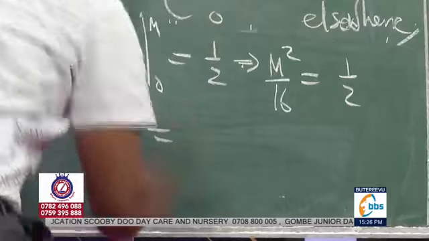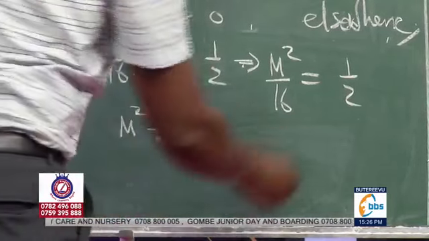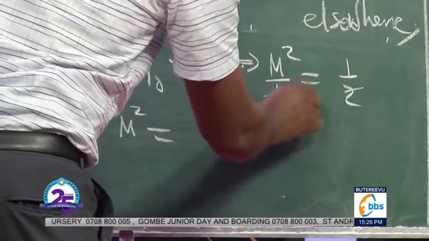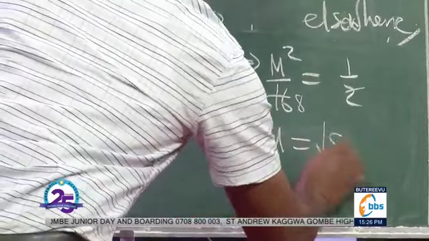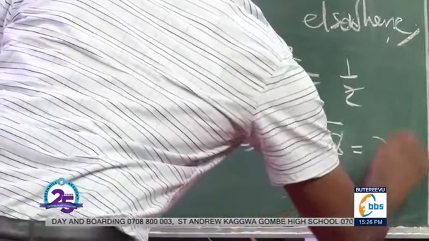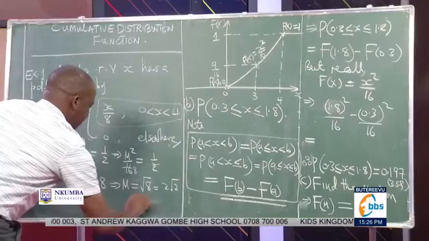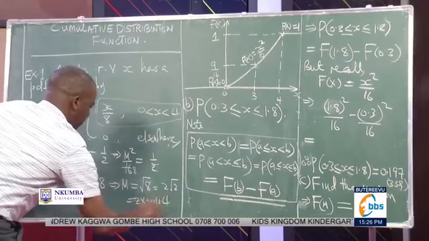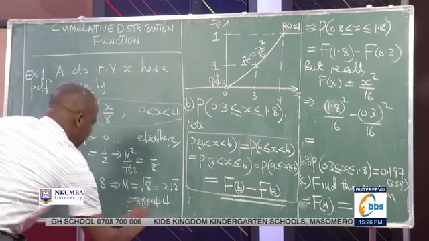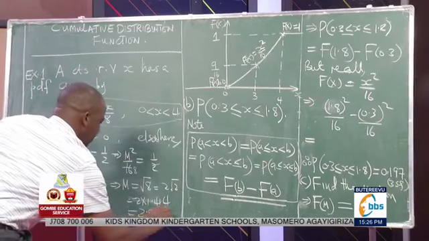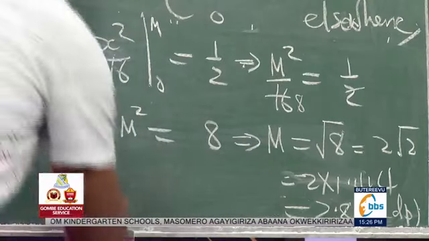Therefore, our M squared will be equal to 8, because this will cancel with 8, implying that our M will be the square root of 8, which you can write as 2 root of 2, or 2 times 1.414, which will give you approximately 2.83 to 2 dps. That will be the median.